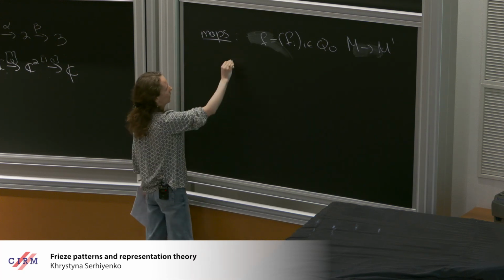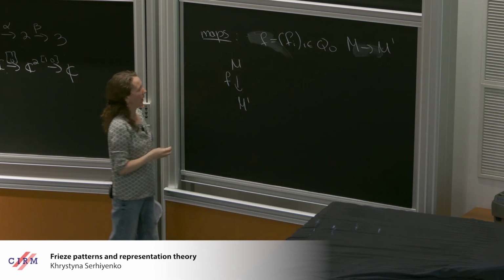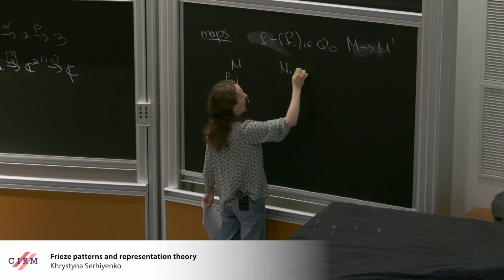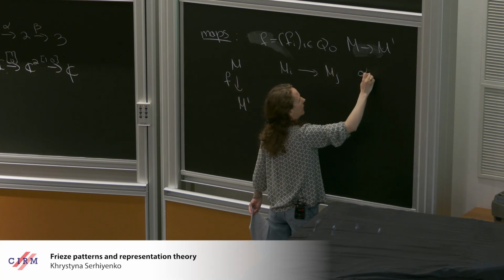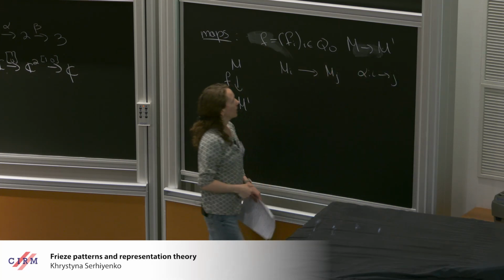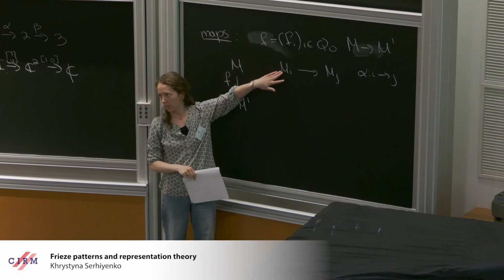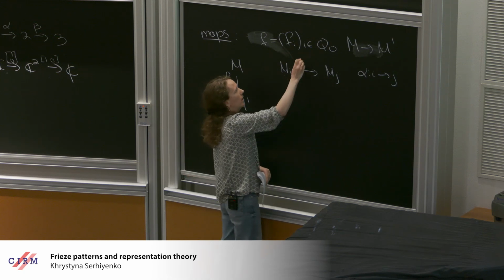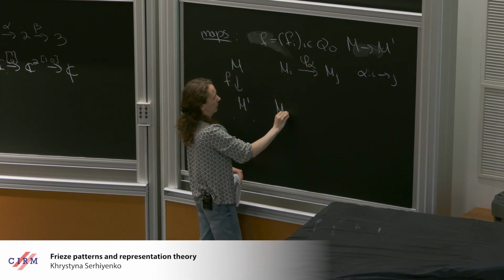Here's the nice diagram. I'm going from M to M prime, and this is my map f. So at each arrow, suppose alpha is an arrow from i to j. Then in my quiver representation M, I have M_i at position i, M_j at position j, and a linear map between them. I have the same for M prime.